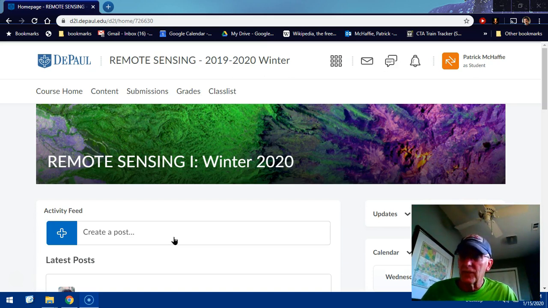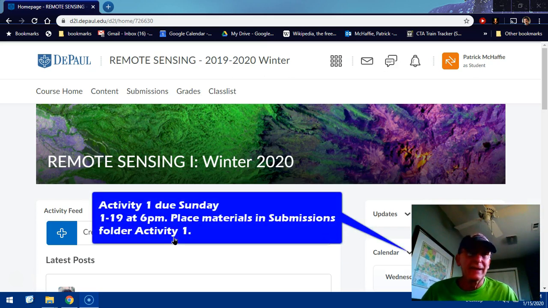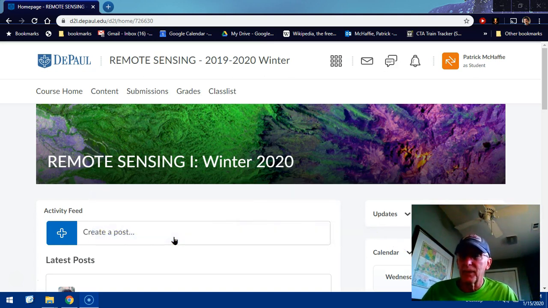We did start on our activity 1, where you're learning how to download and handle multi-channel, very contemporary Landsat data right up to the present day, starting in 1972. A huge data set that we have access to, and it's the principal data set used in virtually all introductory remote sensing courses.